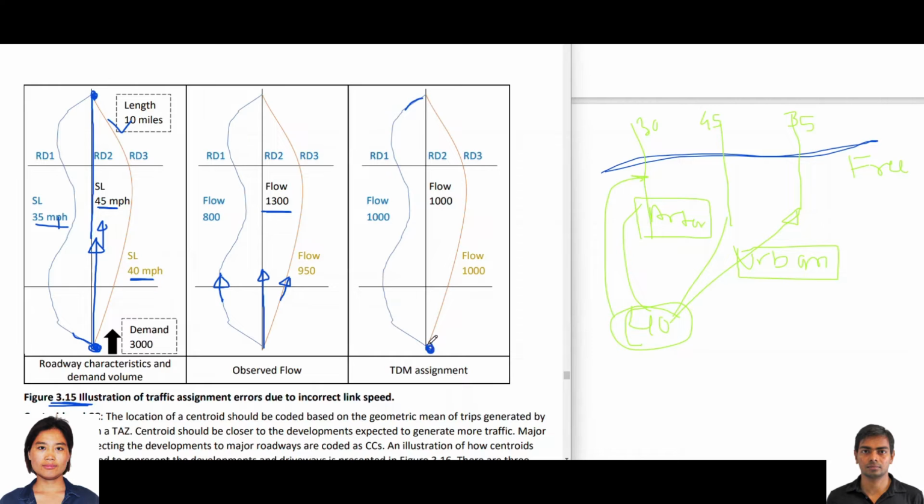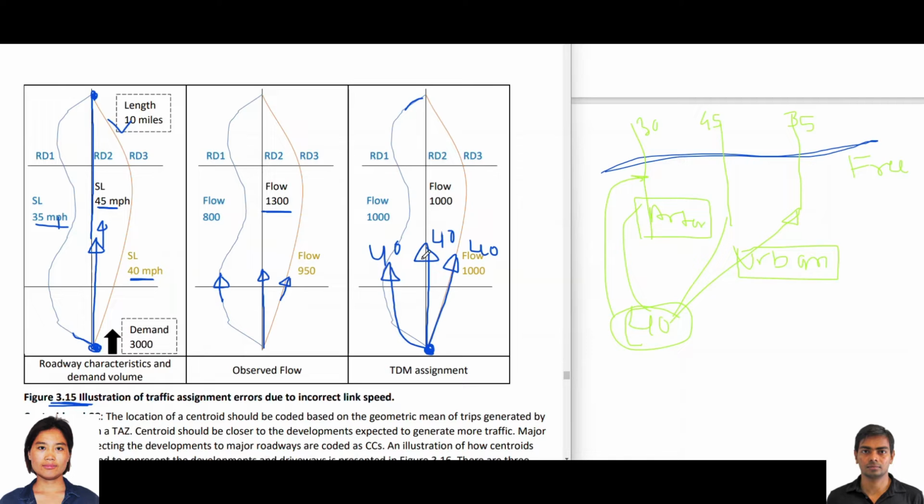So what the travel demand model will do is assign a speed to this one from the lookup table, then assign a speed to this one based on the lookup table, and then assign a speed to this one based on the lookup table. So let's say based on the lookup table, the speed is around 40 miles per hour. So this one will become 40 miles per hour, this one will become 40, and this one will become 40.